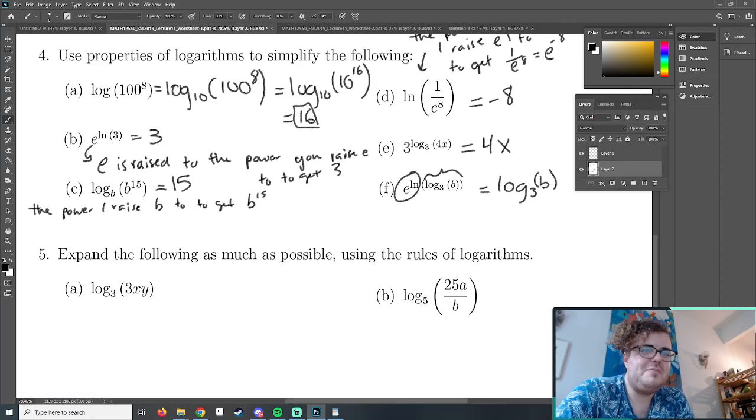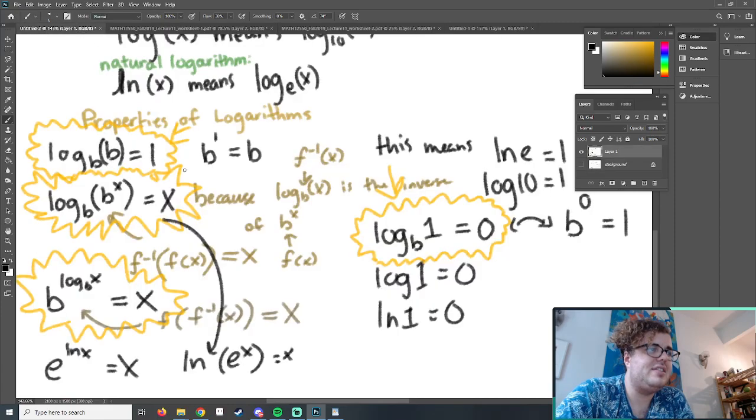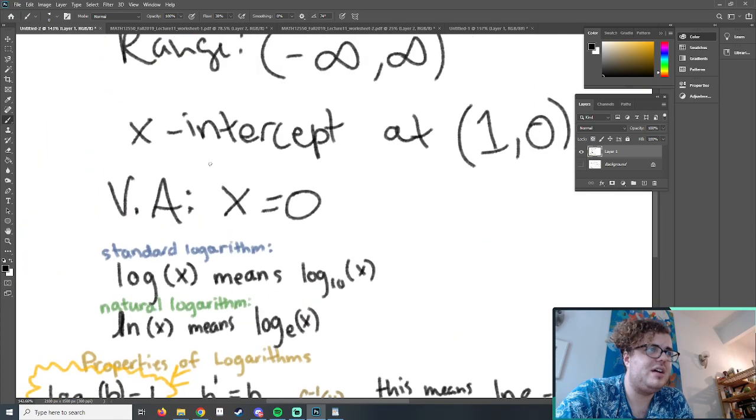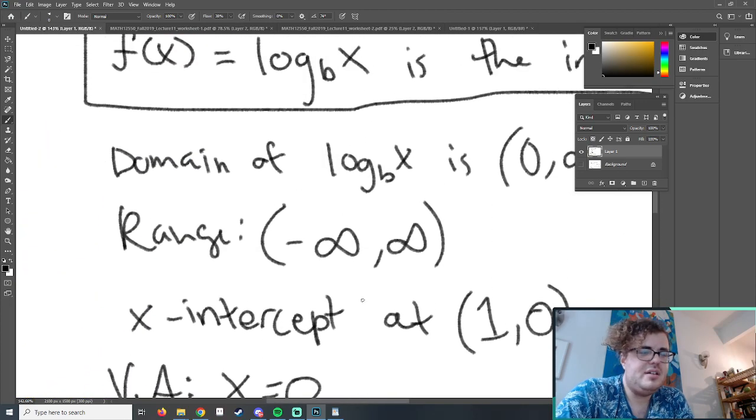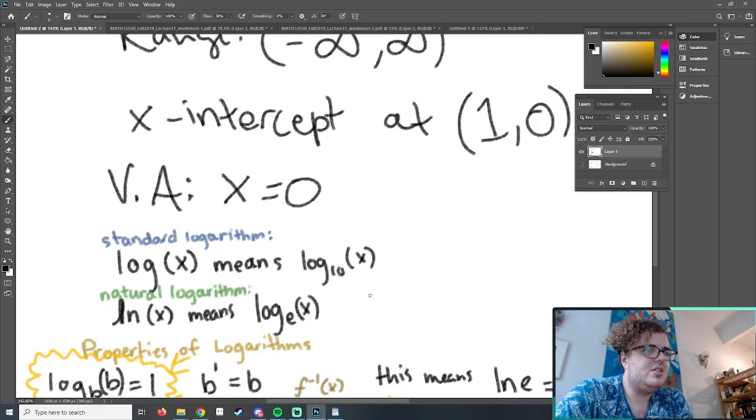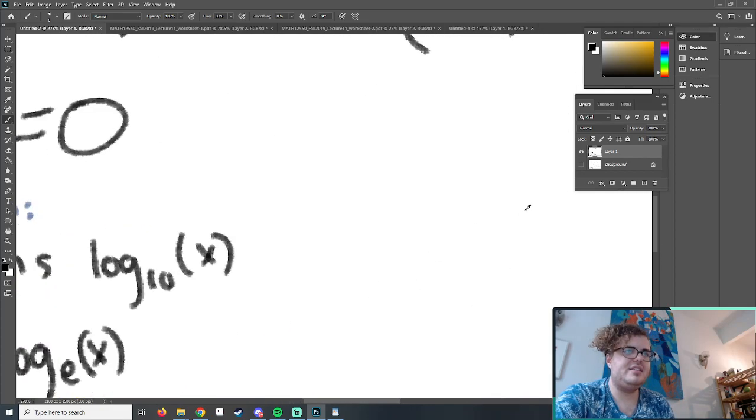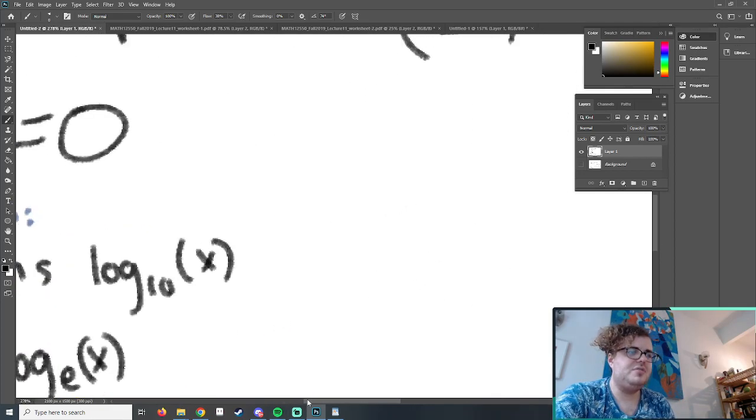Last thing on this page are going to be the rules of logarithms. So there's a very nice thing. The logarithms have these really nice properties. And one of those nice properties is called the product rule.